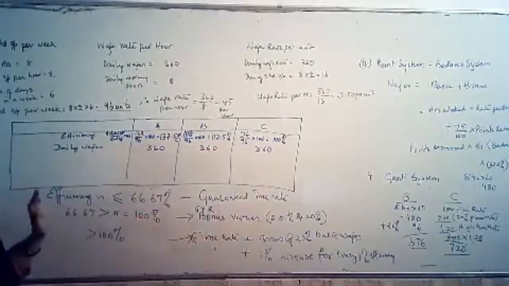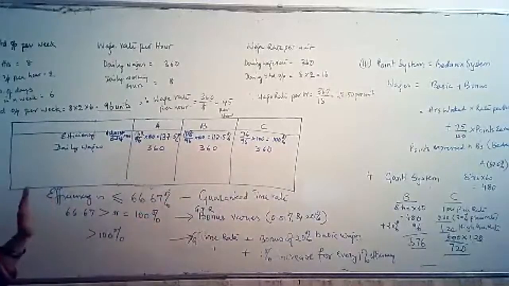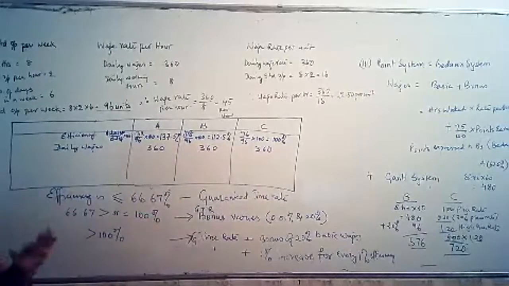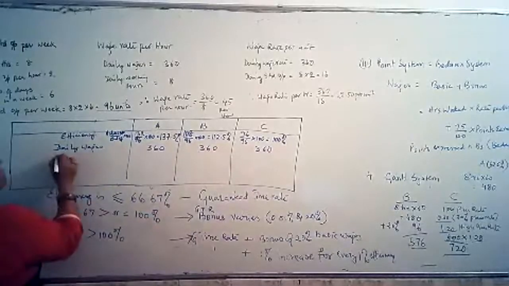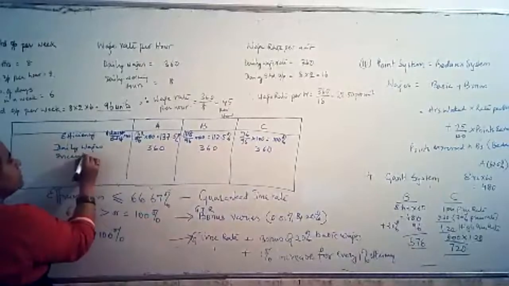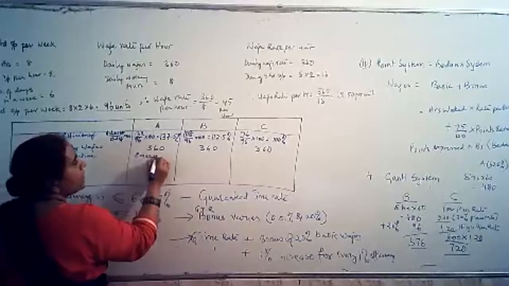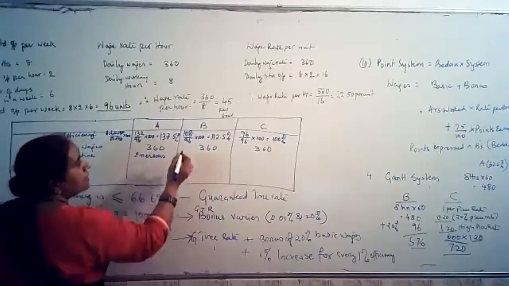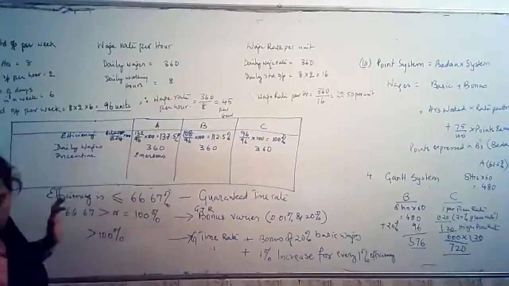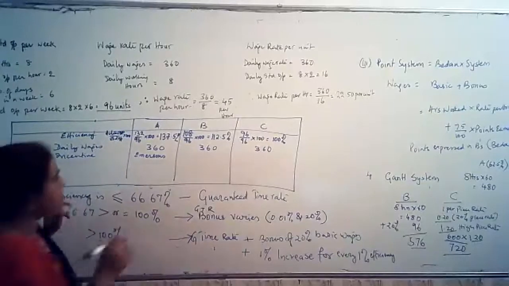Everyone gets the same. Next is the incentive. In case of A, it is Emerson. In case of B, it is Merrick.